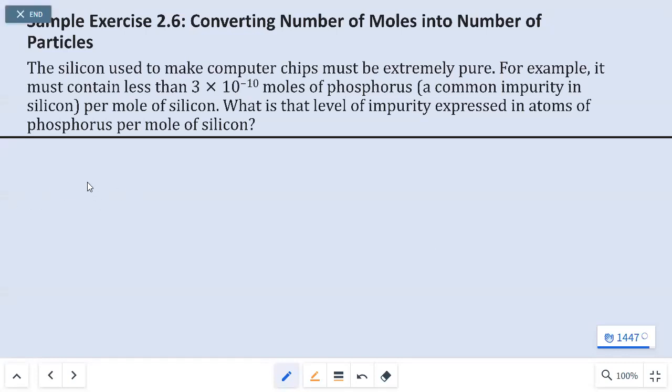So starting with our given information, we have 3 times 10 to the negative 10th moles of phosphorus for every 1 mole of silicon. And where we want to go is atoms of phosphorus for every mole of silicon.